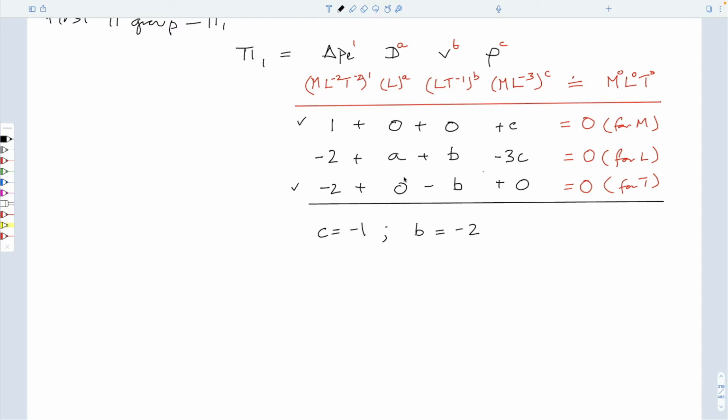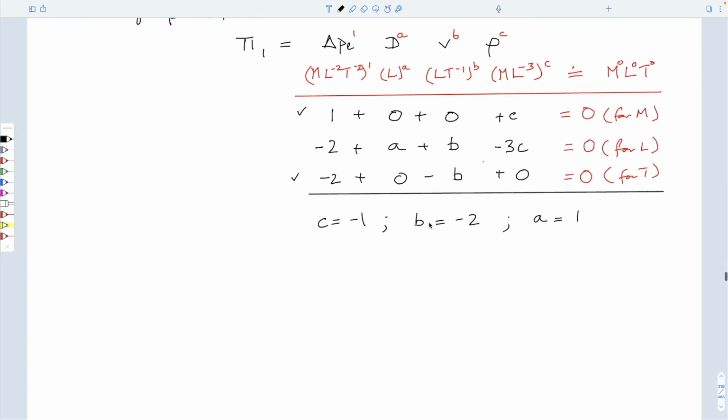And if we know what B and C are, we can work out what A would be. From that middle equation, A is equal to 1. And so that allows us to write out this pi group.